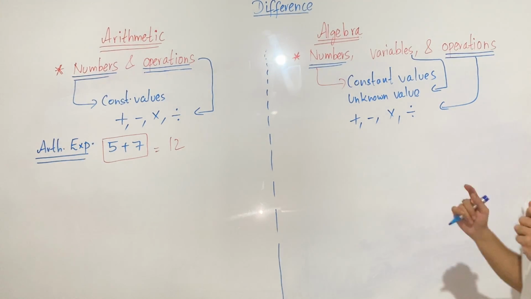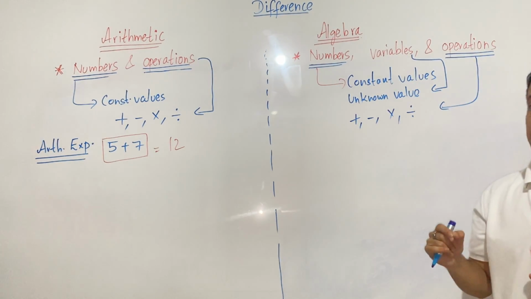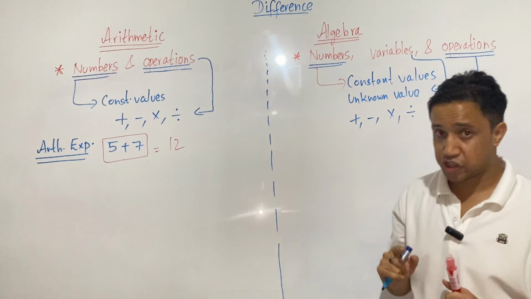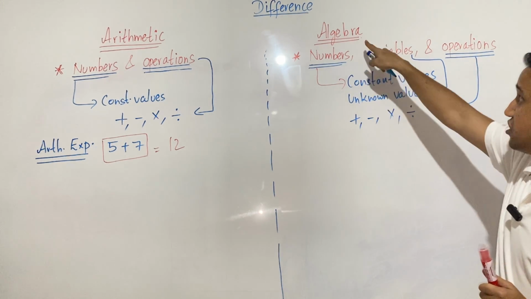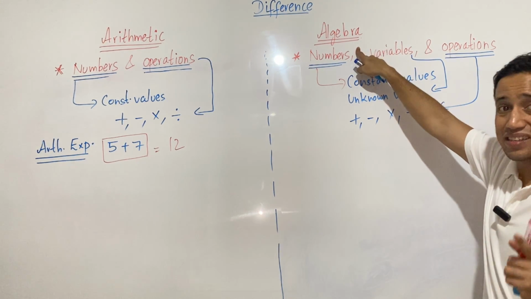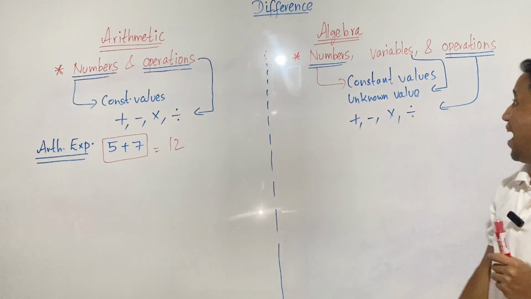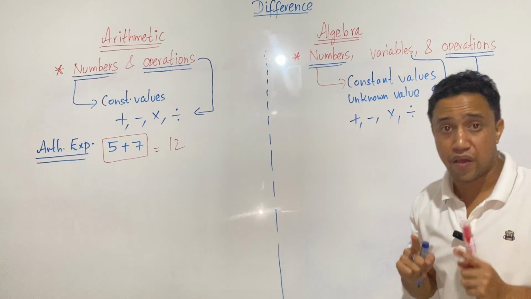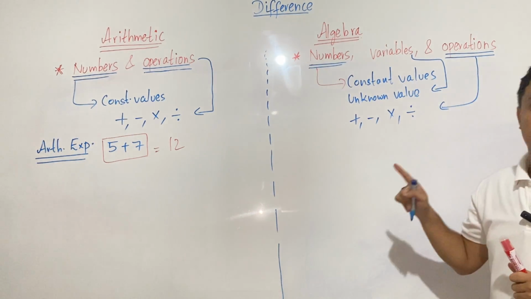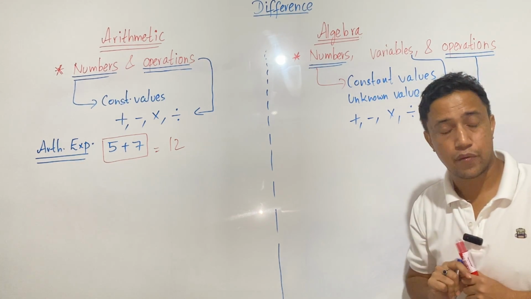The minimum requirement for any expression to be an algebraic expression is that it must have at least one variable, meaning one unknown value.